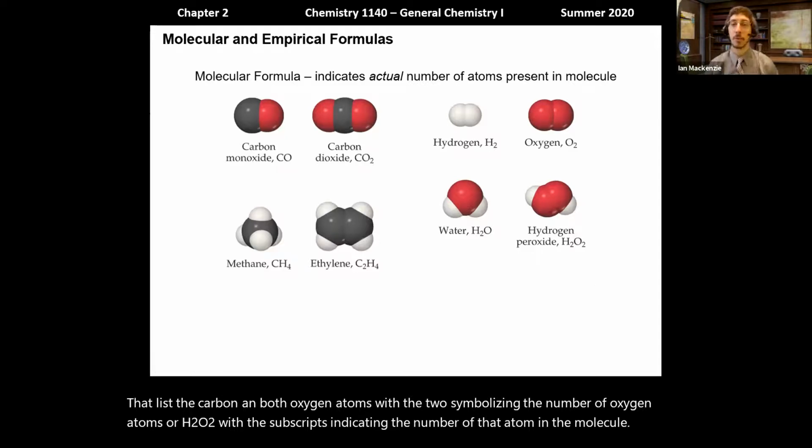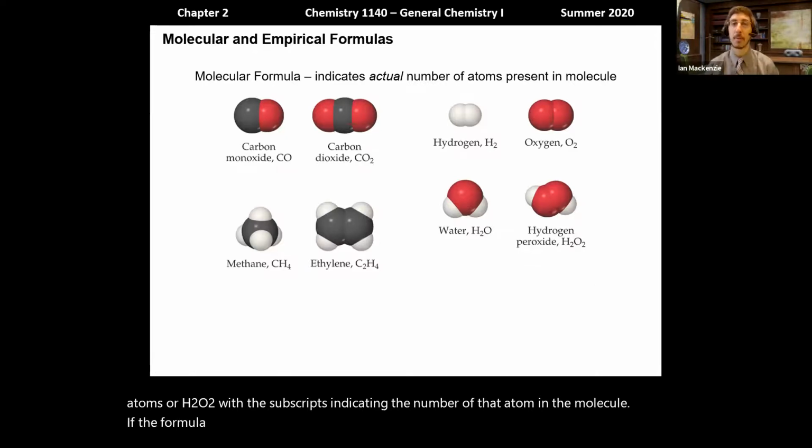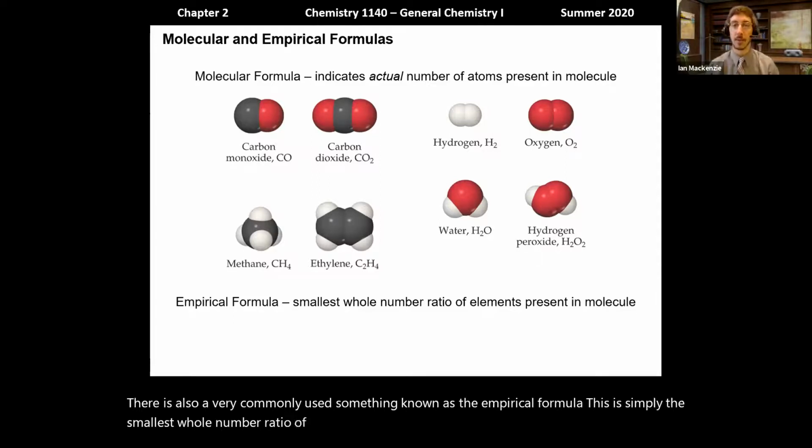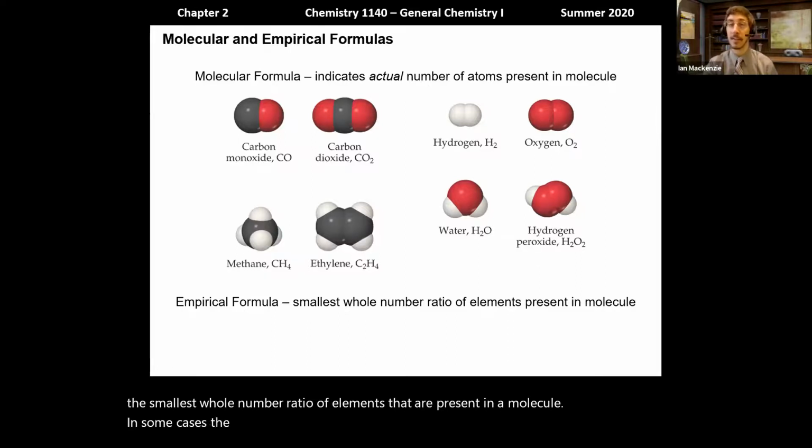If the formula indicates the actual number of atoms present in a molecule, that is referred to as the molecular formula. There is also a very commonly used something known as the empirical formula. This is simply the smallest whole number ratio of elements that are present in a molecule. Now, in some cases, the empirical formula will be the same as the molecular formula, and in some cases, it will be different.